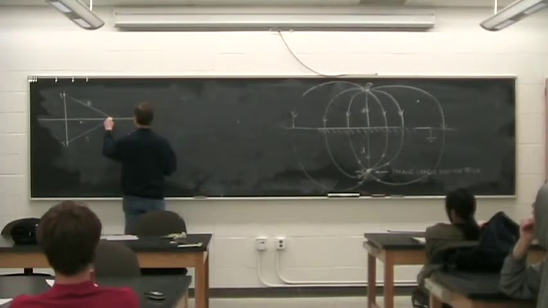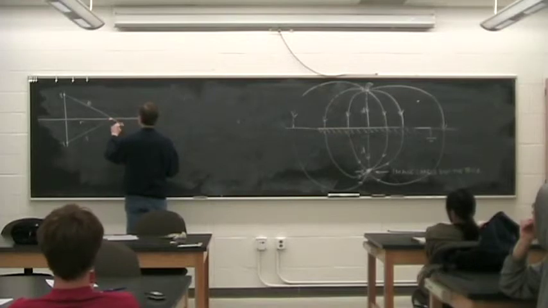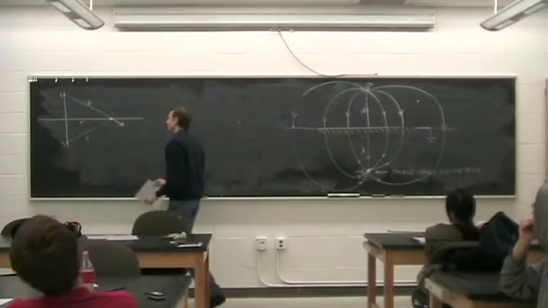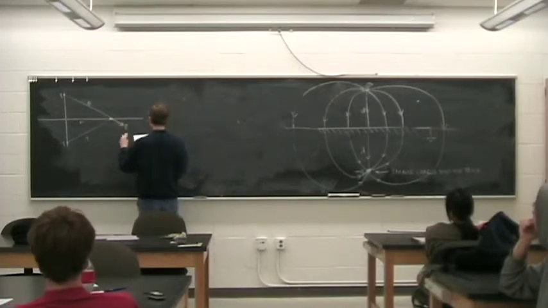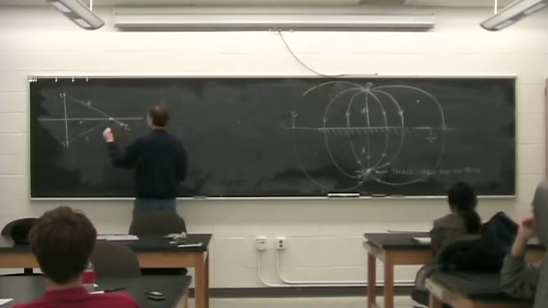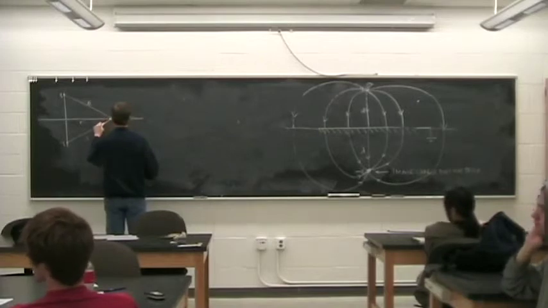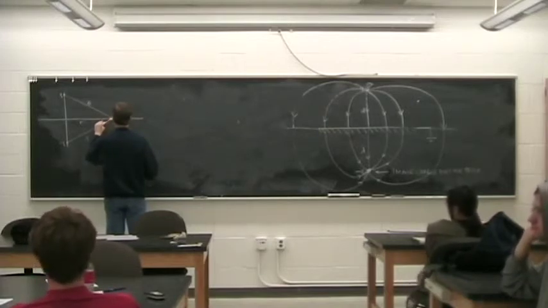Then, if I add up the electric fields, the field of plus Q looks like this, so we can call that E plus, and the electric field of minus Q has the same magnitude, but points in that direction.